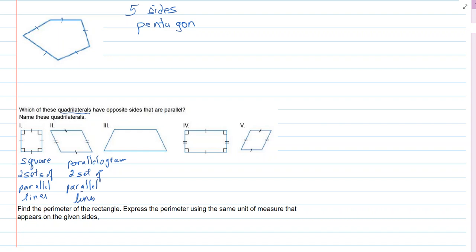Trapezoid: only 1 set of parallel lines, so this one is not. A rectangle, definitely 2 sets of parallel lines.